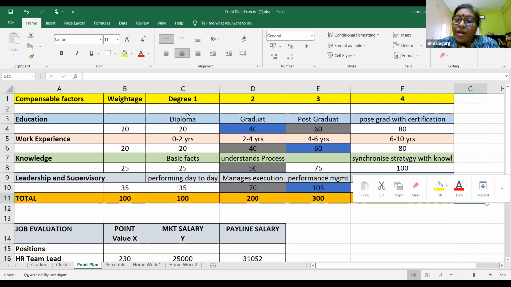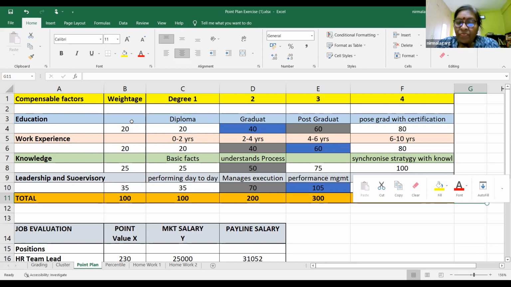Don't go beyond, depending again on the complexity of the organization. If an organization is very simple, it could have just 3 to 4 or at best 6, but not more than that, right? That is step 2. Step 3, not all the compensable factors will be of the same priority, so you have to weigh them, which is the highest and which is the lowest. So you have to assign weightages.